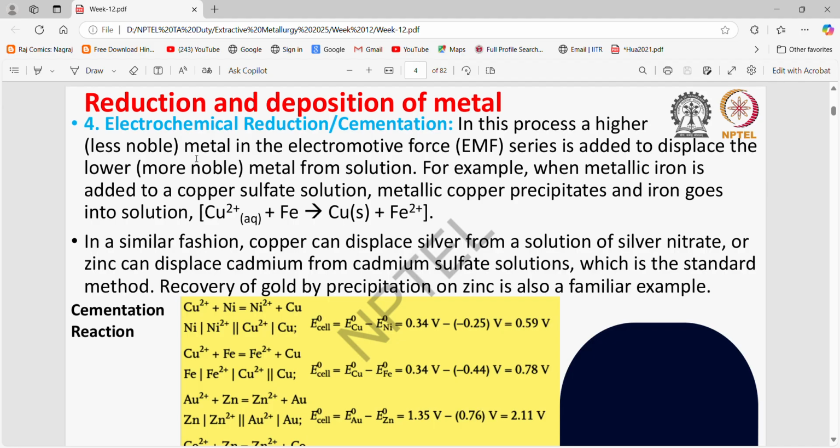So sodium or lithium is the most reactive metal, so they can displace any metal present inside the solutions. However, lithium and sodium cannot be displaced by any other metal inside the solution.